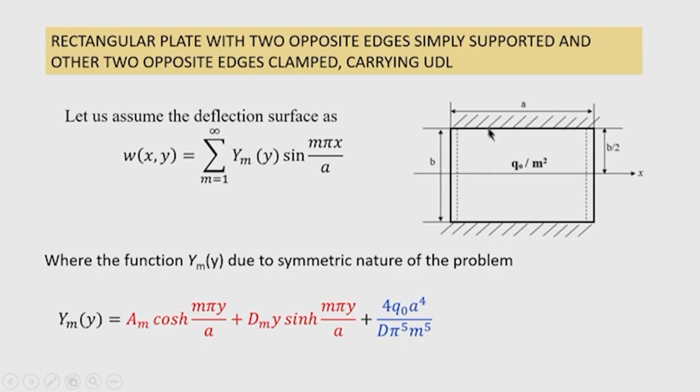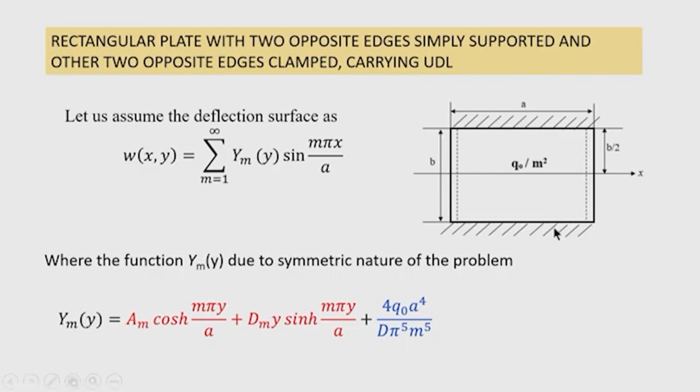So, y is equal to minus b by 2 is this edge, if the positive direction of the y axis is upward here, and this is the edge specified with y is equal to plus b by 2. So, at both edges, y is equal to plus minus b by 2, the boundary condition is the same.